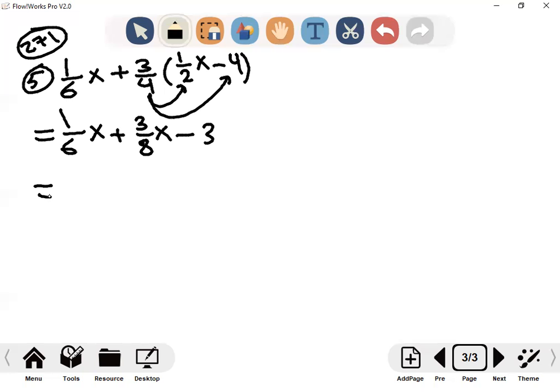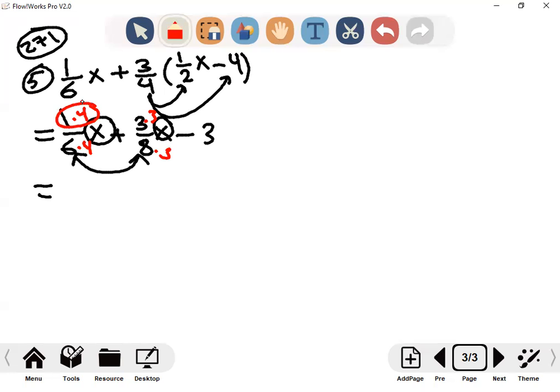Now here we have x and here we have x, so I need to add these two fractions, right? 6 and 8, times 3 to make it 24. GCF 24. I'll multiply them by 4 and by 3 to make the denominators 24.